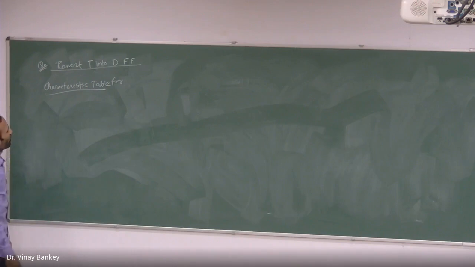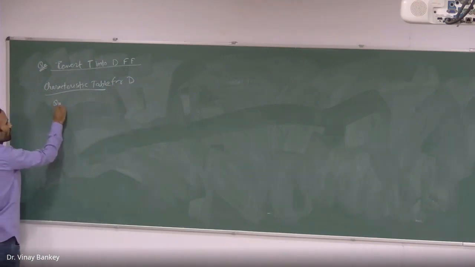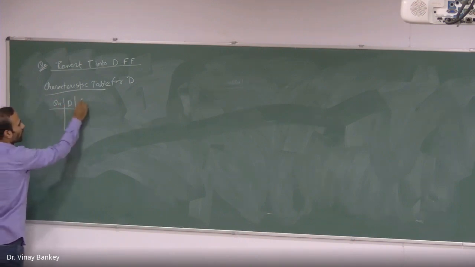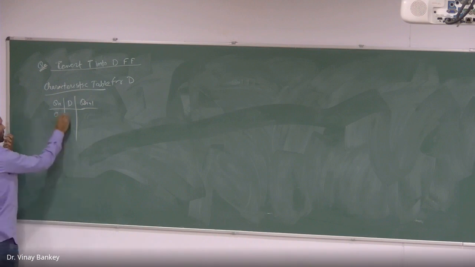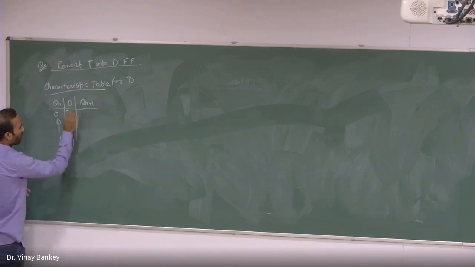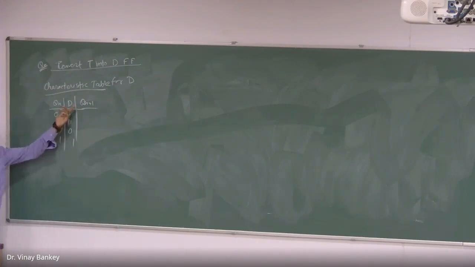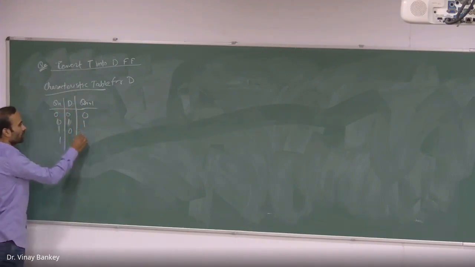Which one is required? D flip-flop. That is very easy. So you need the previous state and the input, and you will write this for the next stage. You have 4 combinations. D means data. So whenever you apply 0, it will be 0. You will apply 1, it will be 1. Isn't it?